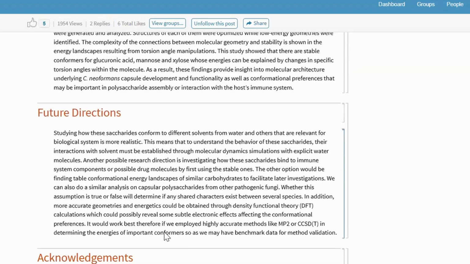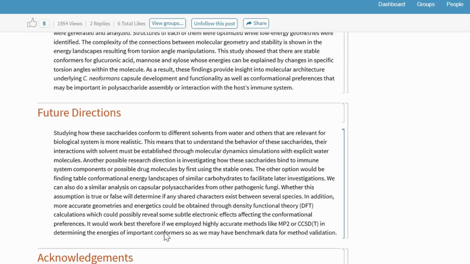The energy landscapes reveal relationships between molecular geometry and stability, and they highlight specific conformational preferences that may be really important for polysaccharide assembly and interaction with the host immune system.